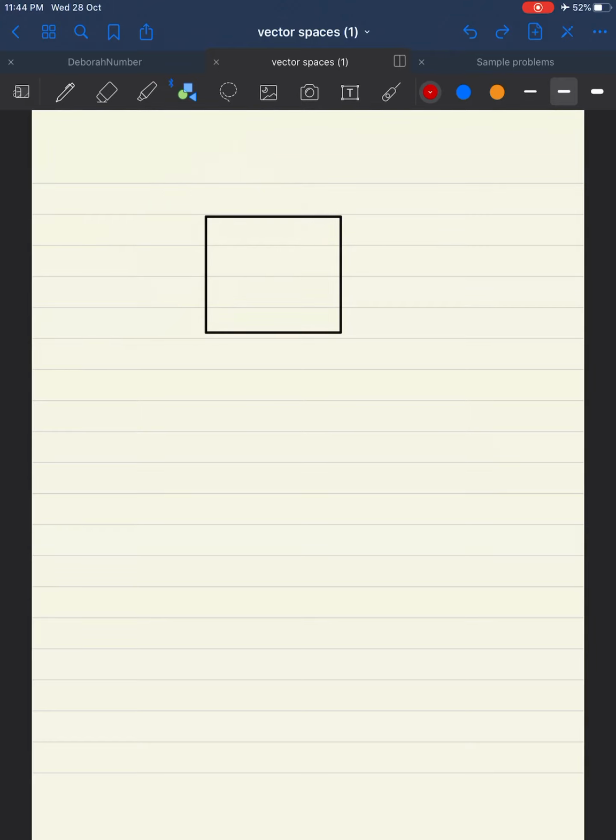Okay, this is a pretty bad drawing, but what I wanted to do was take the same square and now I have rotated it. That's it. So this is signifying rigid body rotation.